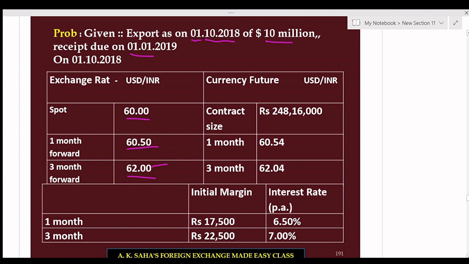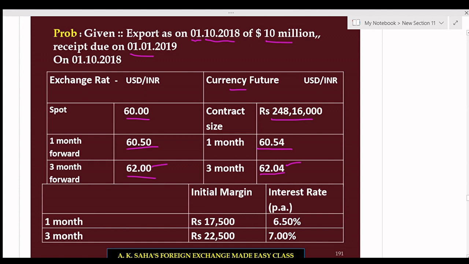Now come to currency future. Contract size is given. Now 1 month future contract is given. Future rate is given. 3 month future rate is given. This is relevant: spot future rate. This contract size divided by this spot future rate gives the lot size.